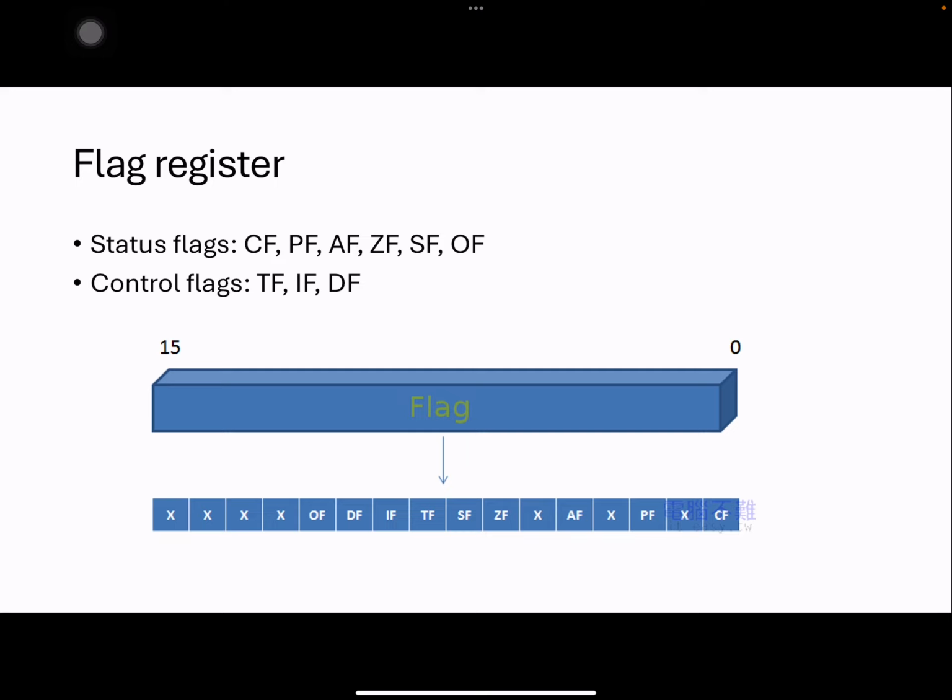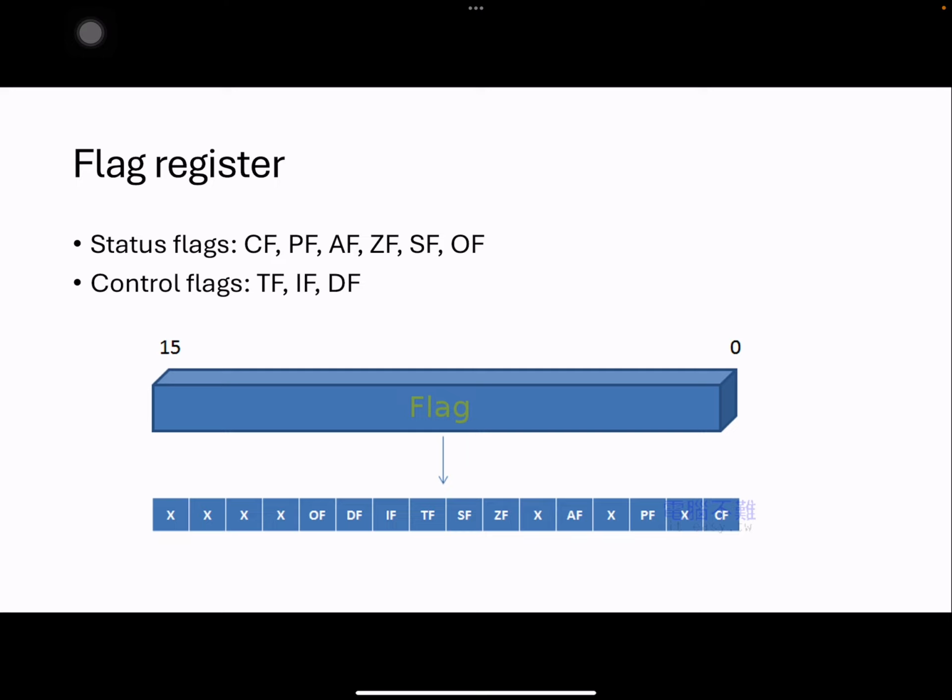And then PF. The PF is to judge after the arithmetic. If we have an odd number of 1s, we set PF to 0. If we have an even number of 1s, we set PF to 1.